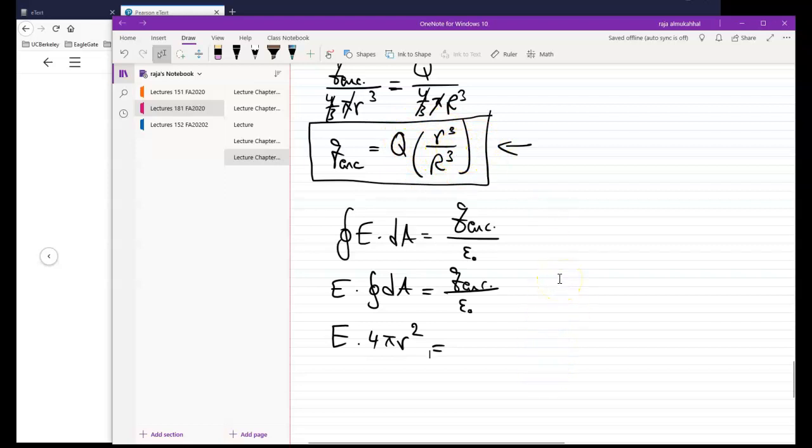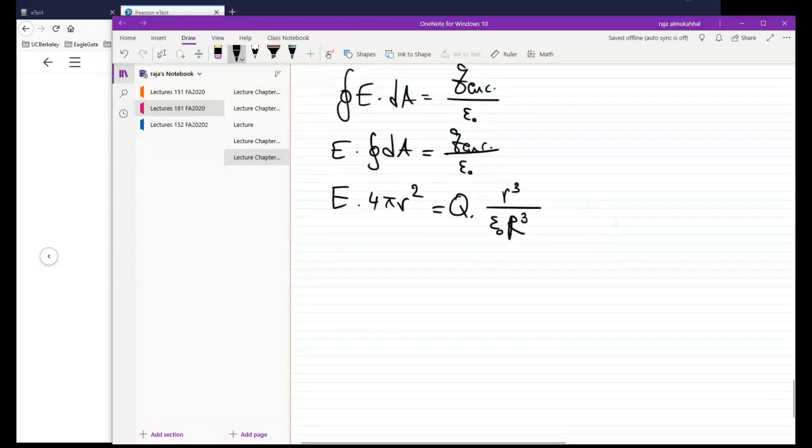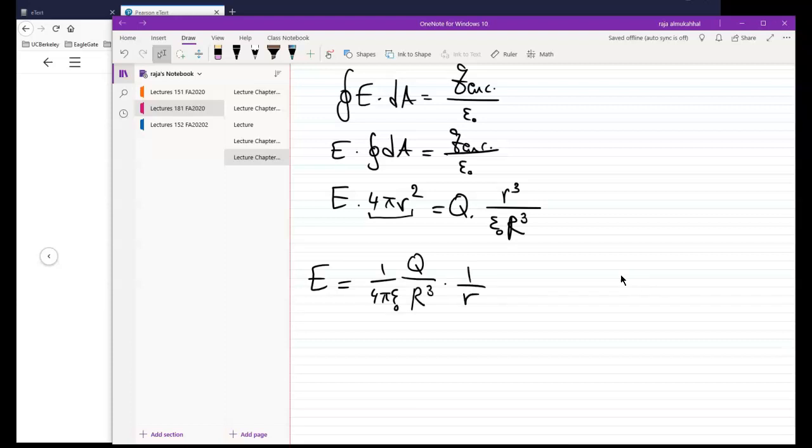You see that? So now I have Q r cubed over epsilon naught big R cubed. Clean it up a little bit. Move this to the other side. So I have E equal to 1 over 4 pi epsilon naught big Q, and watch this, r squared and r cubed reduce, and you end up with big Q over big R cubed times r.